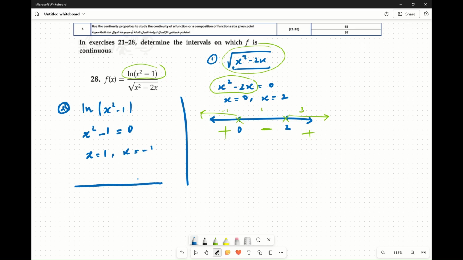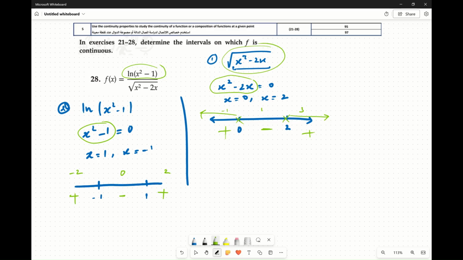Again, I will draw a test line. I will put minus 1. I will put 1. And I will take test points. So between minus 1 and 1, I can take 0. Here I can take 2. Here minus 2. If I substitute 0 here, I will get negative. If I substitute 2, positive, negative 2, positive.